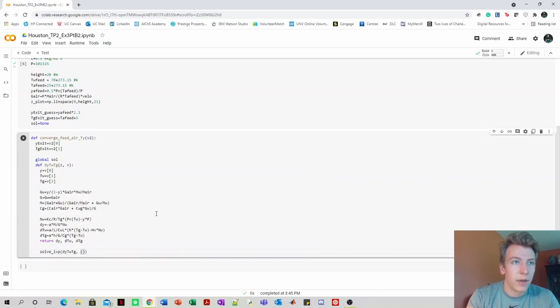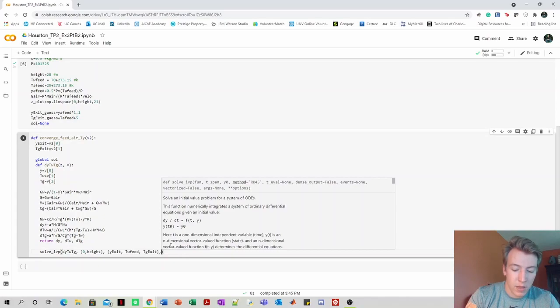Next we want our independent variable, 0 comma the height that we were given, and then our initial values. So we want the y exit, the tw feed, and also the TG exit that we guessed from above.